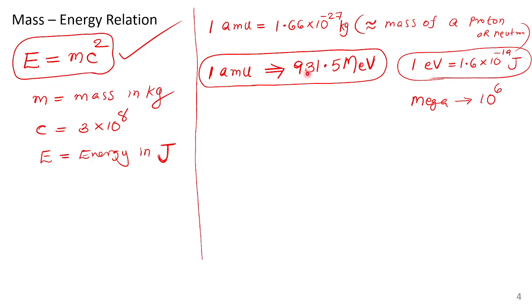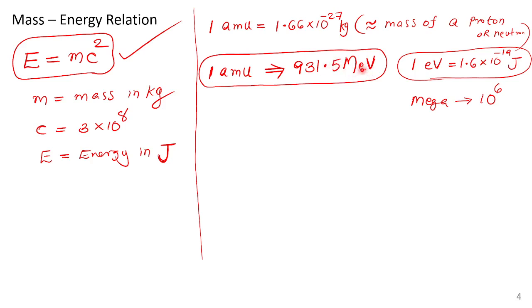You will get 931.5 mega electron volt. This much energy you will get if you convert one atomic mass unit into energy. Okay, clear?